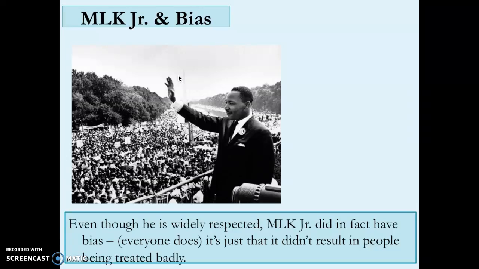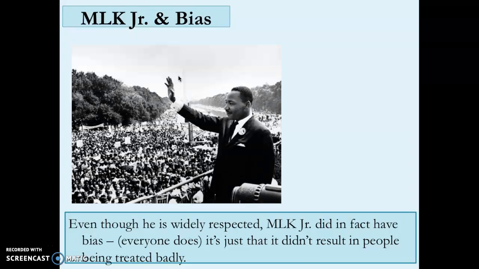This is just breaking down that if you had gone through the process of breaking down his speech, it's also important to note that while Martin Luther King Jr. is noted as a great civil rights icon and leader, he, of course, just like the rest of us, would be guilty of bias, because he has a perspective that is completely based on his experiences, which influence his bias, just like everyone else's.